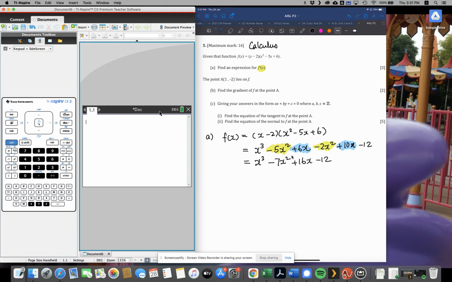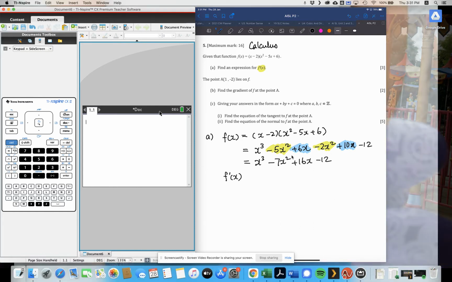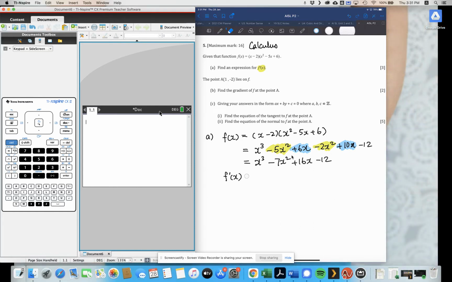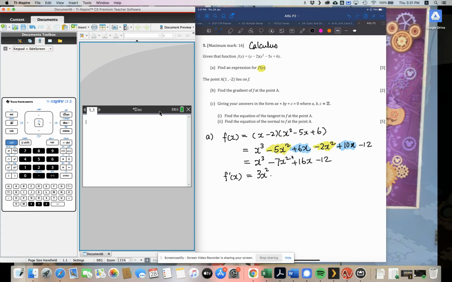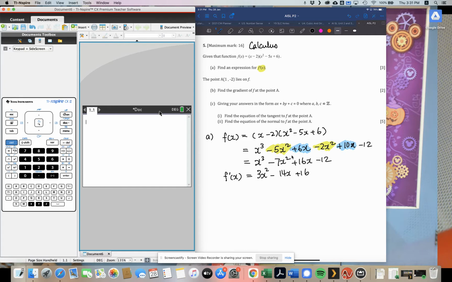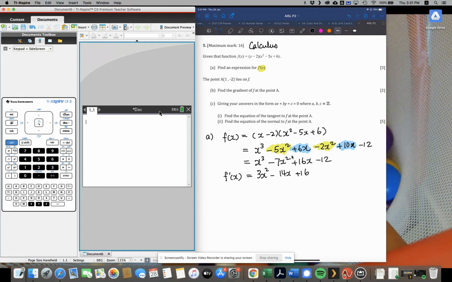When you do the correct differentiation, all the terms correct, then you will get the rest of the 2. So term by term, this becomes differentiate to 3x squared minus 14x plus 16. So this is the first derivative.